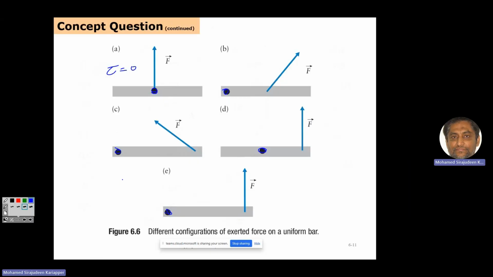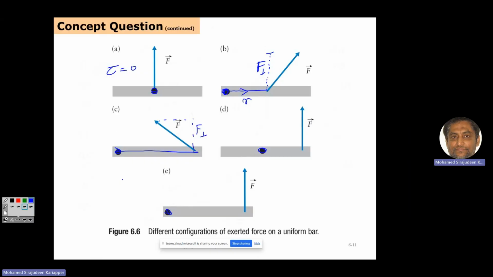What about this? R is not 0. From the pivot point to where the force is, this will be the R, and the perpendicular component will be this much. So we know roughly how much it is. Here, R will be greater, the perpendicular component is almost the same, maybe the same.